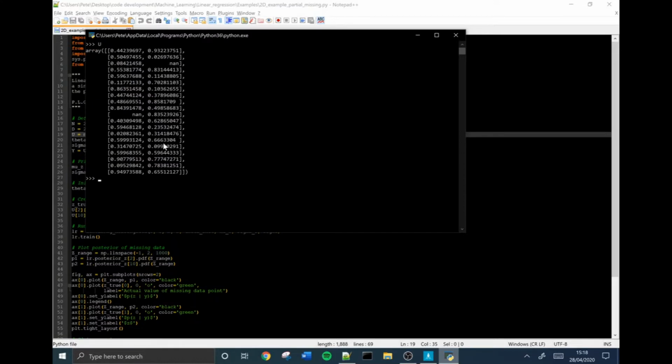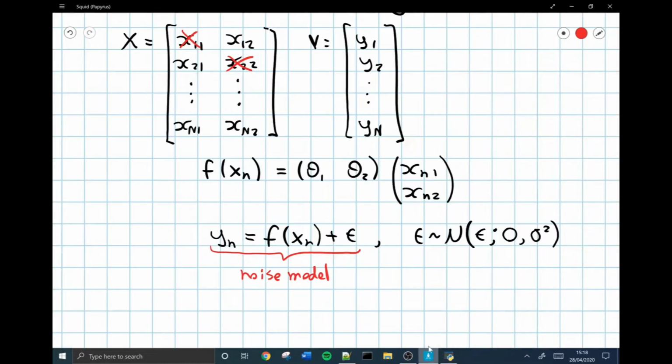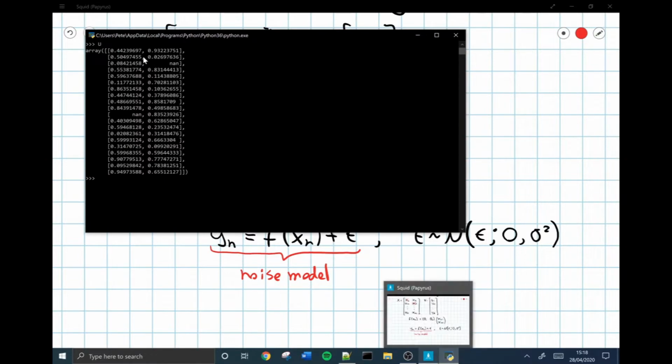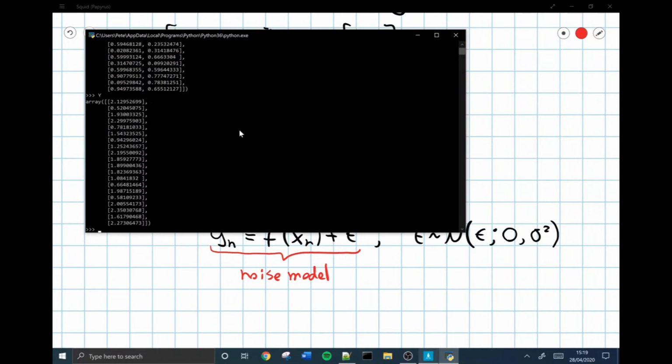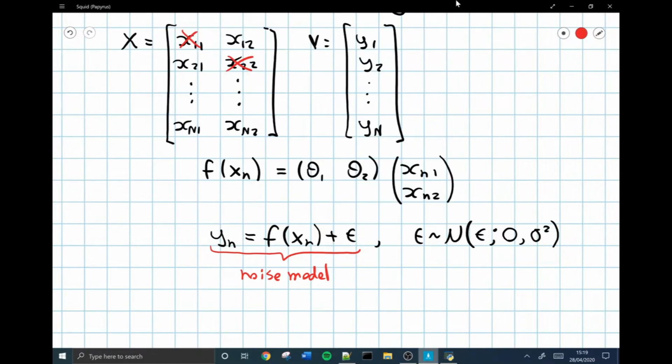These are just like the x's written here. And there's some missing, so we have not a number there and not a number there. And then we have some noisy observations, which are written as y here. Then we're going to run some code that tries to find out what these parameters are, θ1 and θ2, and also estimates what these missing values are.